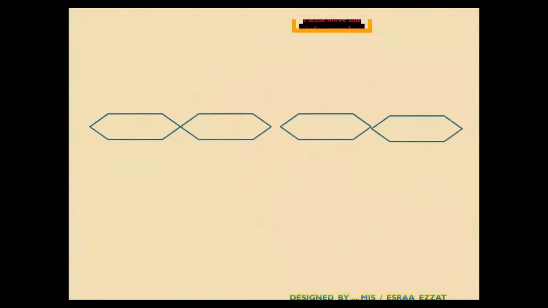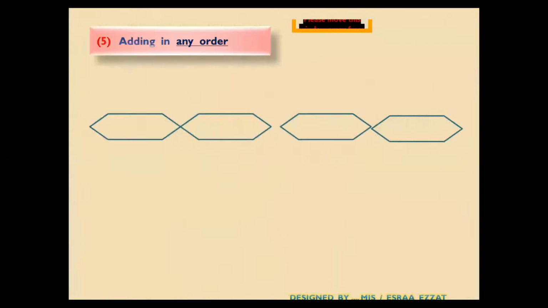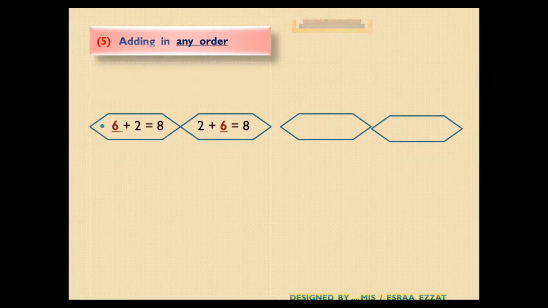Okay, let's take the fifth fact in our lesson, which is talking about adding in any order. Here we have two examples. 6 plus 2 equals 8. And if we switch these two numbers and write 2 plus 6, we also get 8.